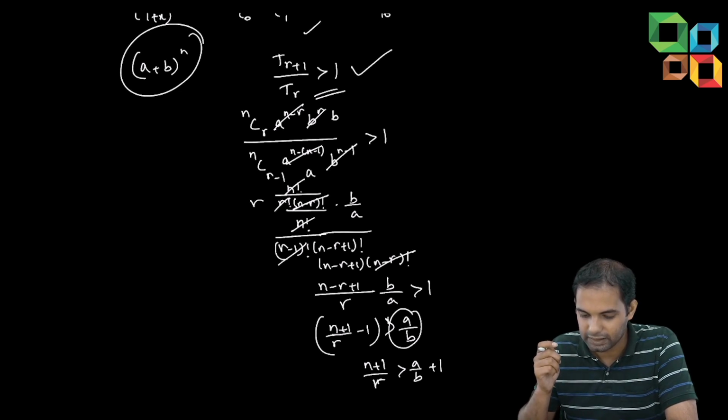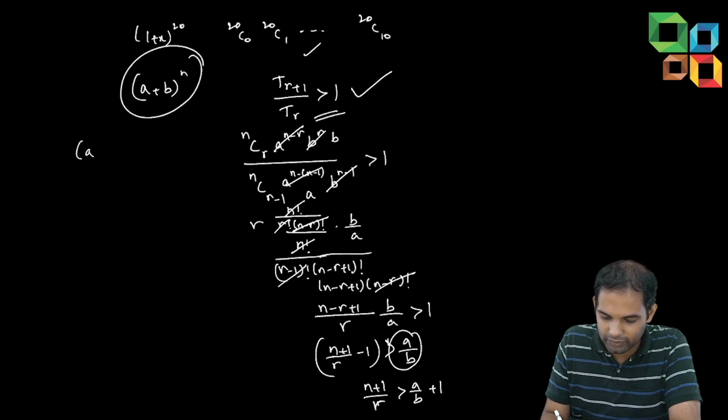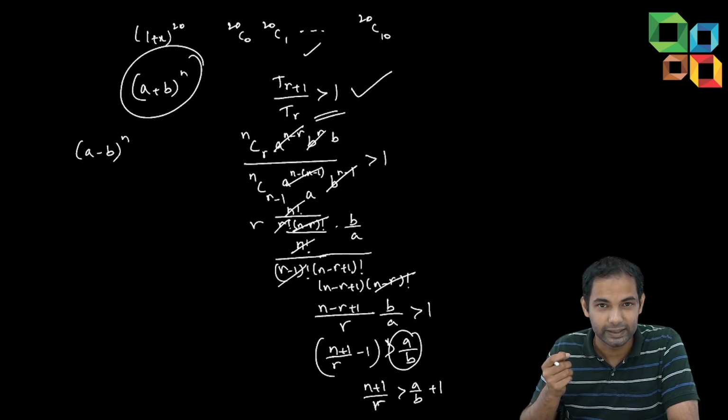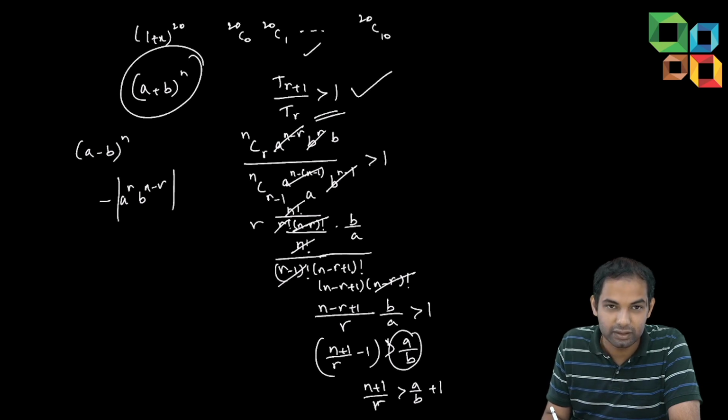Sometimes what they ask is only the magnitude. What do I mean by only magnitude? Suppose it is (A minus B) whole power n, it doesn't matter if I get a negative sign. That means even if the term is a minus A power r into B power n minus r, whatever this term is, I'm interested in the value of this, not in the sign, the magnitude.